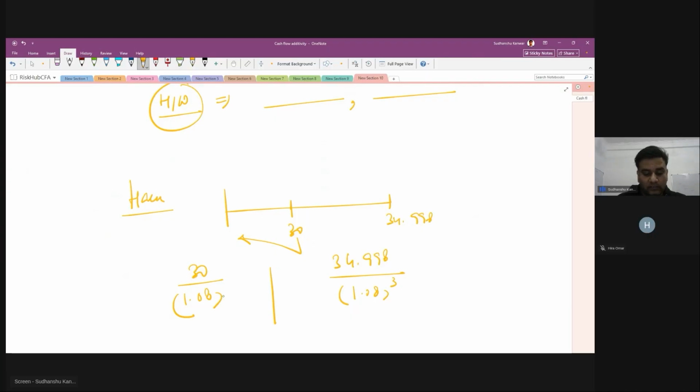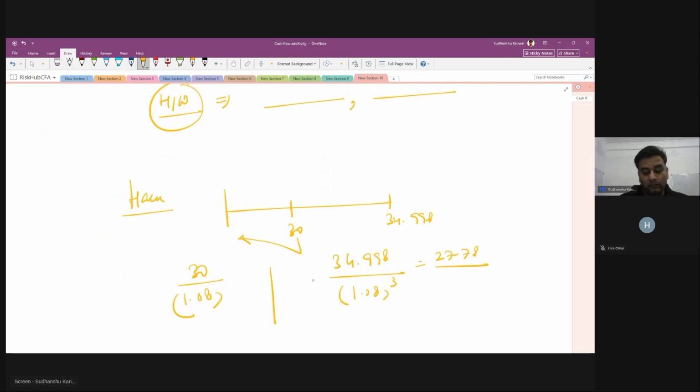If I do it, 34.998, or let's say 1.08 raised to power 3 is this one. I take 1 by x of that and multiply by 34.998. So I get this value, 27.78.